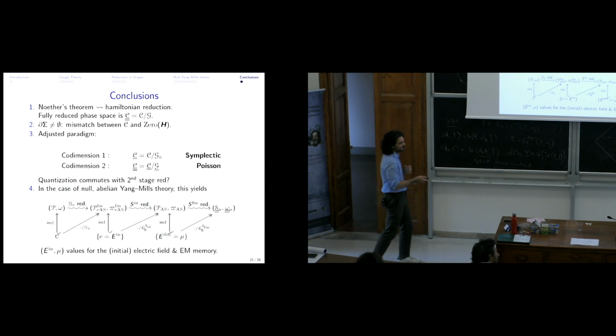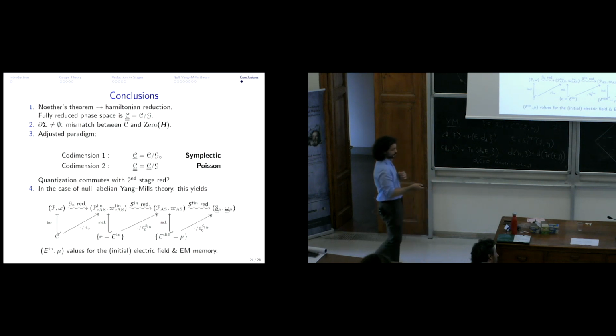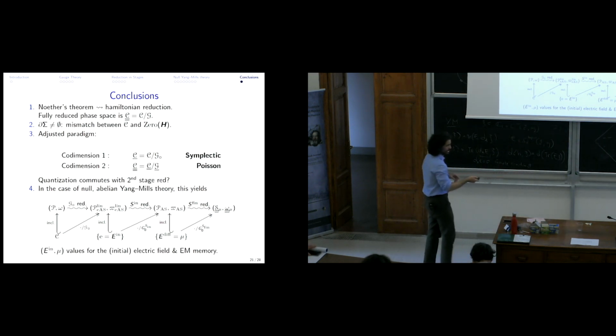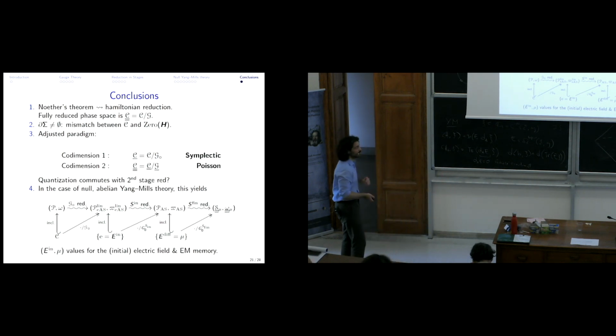So you need to split this second stage reduction into two pieces. Overall, you have a momentum map which splits into two components. One is the electric field at the initial boundary, and the other one is the difference. This is in the null case, in the abelian case.